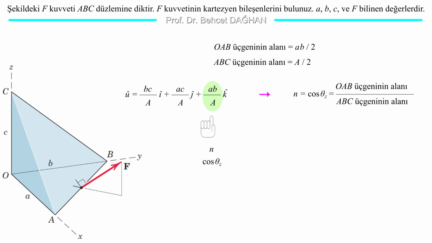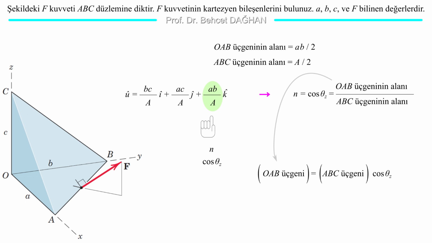It is equal to AB divided by A, which is the ratio of the area of triangle OAB to the area of triangle ABC. It is equal to the cosine of the angle it makes with the z-axis. If we isolate triangle OAB from this equality, we find that the area of triangle OAB is equal to the area of triangle ABC multiplied by cosine theta z.